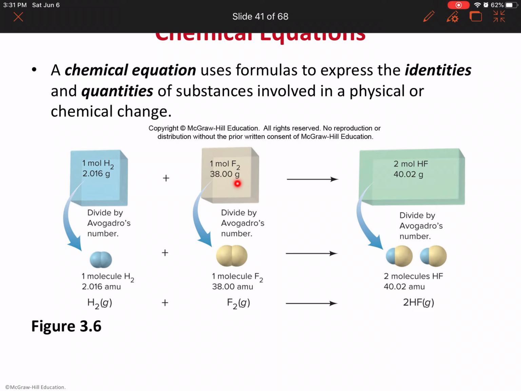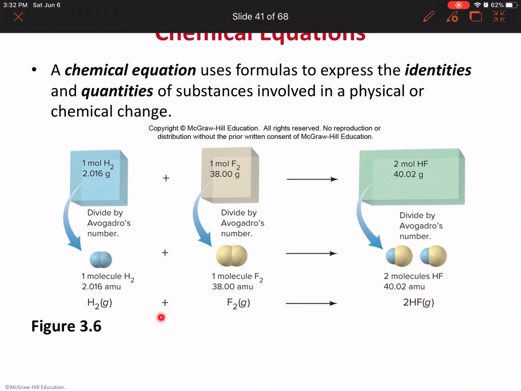Okay. And similarly, if you have 2 moles of hydrogen fluoride, 1 mole of hydrogen fluoride is 20 because hydrogen is 1 and fluorine is 19. So 20 times 2, 40 grams. And this is the molecular representation of the hydrogen, fluorine and 2 moles of hydrogen fluoride. The same as atomic mass units: 2.016 AMU, 38 AMU and 40 AMU.